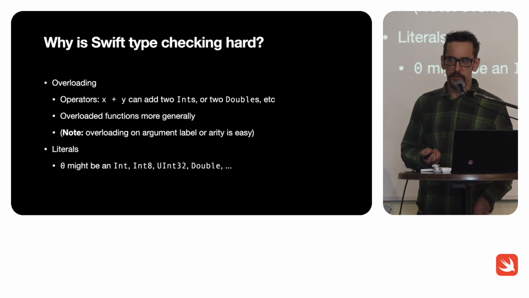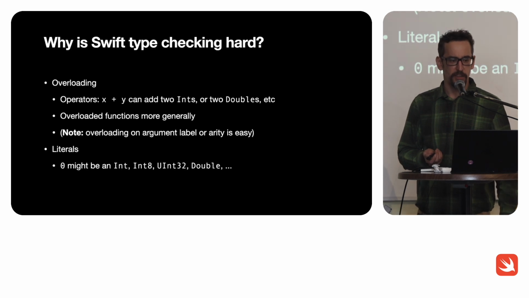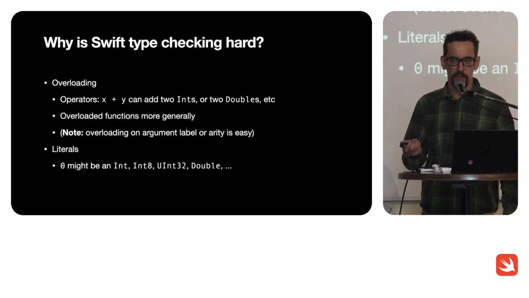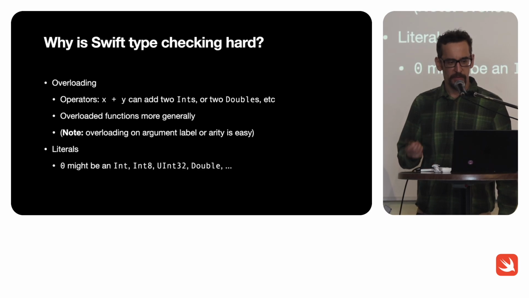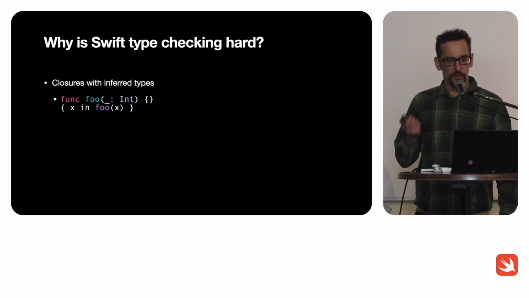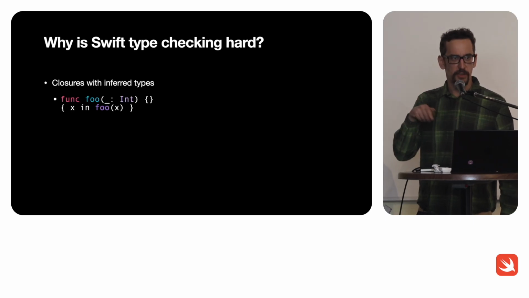Another interesting language feature is literals in Swift. 0 could be an integer or a different size integer. It could be a float. We don't have weird syntax for different types of literals. Another one is closures. You can infer parameter types, so inference flows in both directions in an expression.